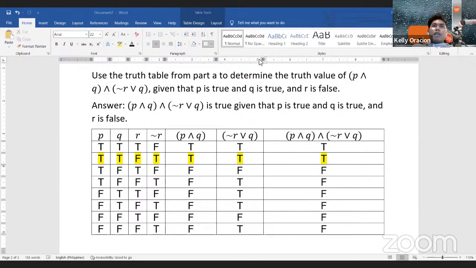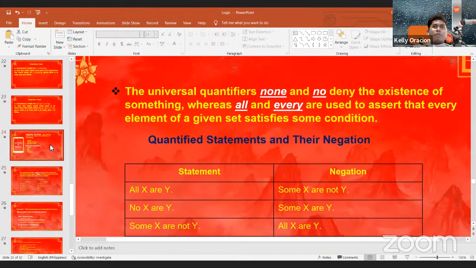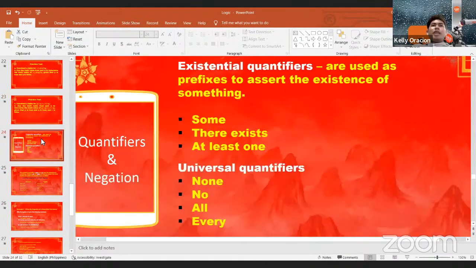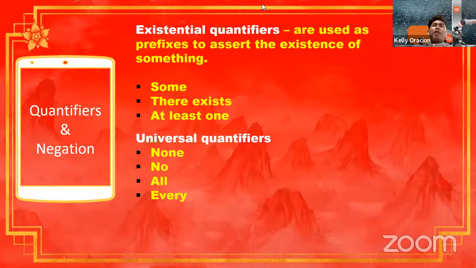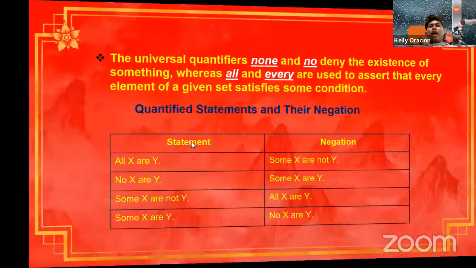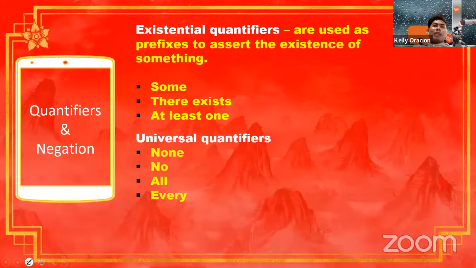Sige, let's continue. This will be the last part of our lesson. Okay, let's proceed to the quantifiers and negation. Existential quantifiers are used as prefixes to assert the existence of something. The words used for existential quantifiers are some, there exists, and at least one.